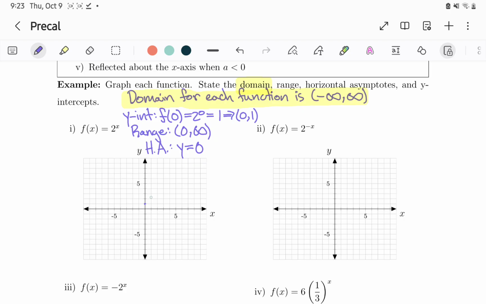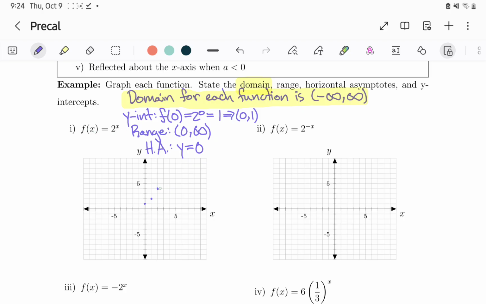Okay, and then if we wanted to have an accurate sketch of the graph here, we could plot some other points. So for instance, when x is equal to 1, f of 1 equals 2 to the 1, which is just 2. So it's going to pass through the point 1, 2. And f of 2 is going to equal 2 squared, which is 4. So the graph of f passes through 2, 4.